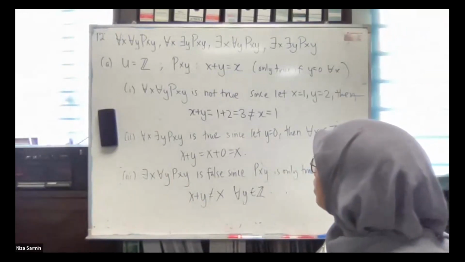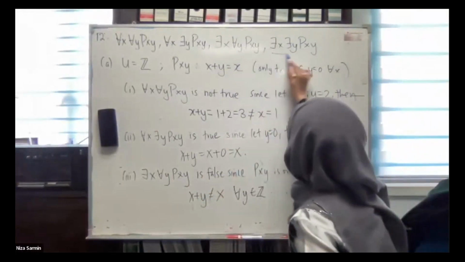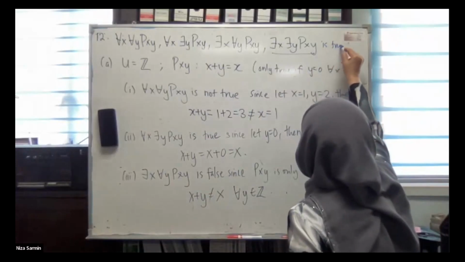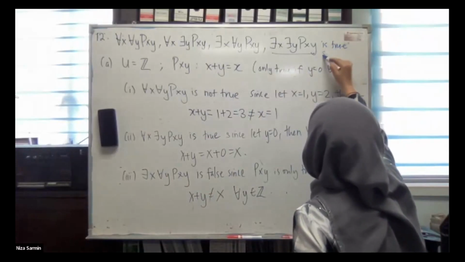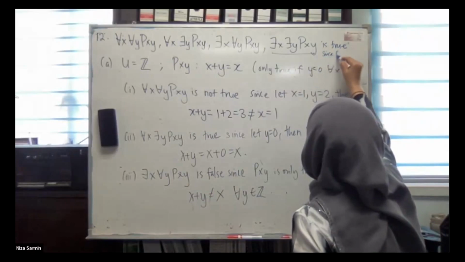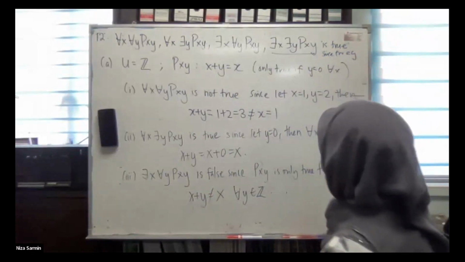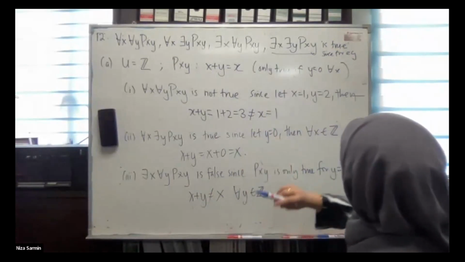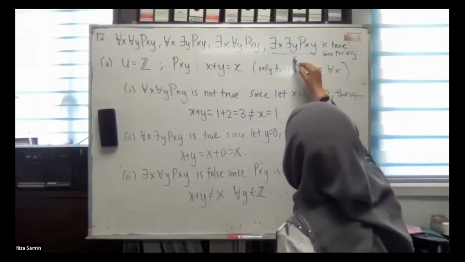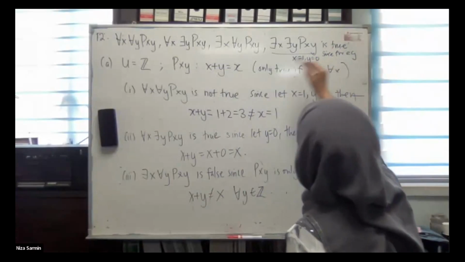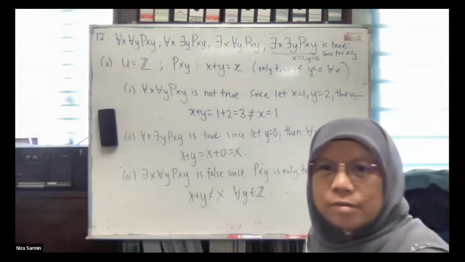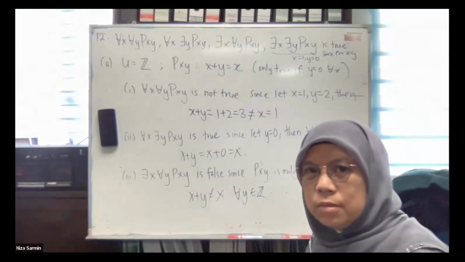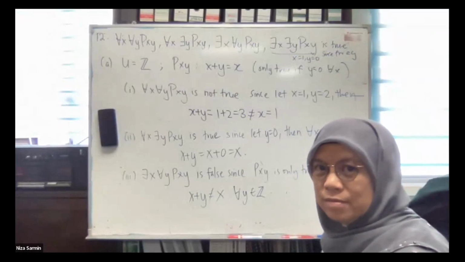Okay. The last one is easy. This is true because, for example, x is 1, y is 0, for example, right? As long as y is 0, just take one example. 1 plus 0 is 1.